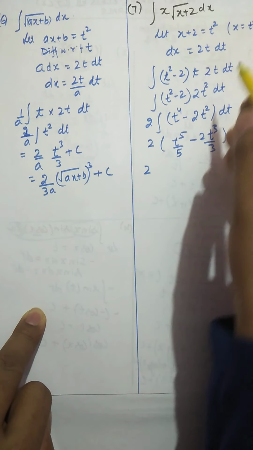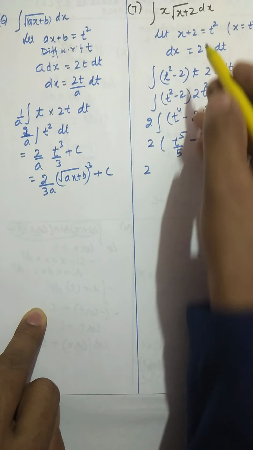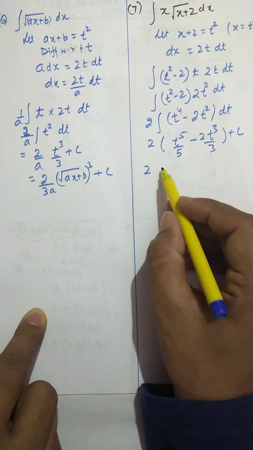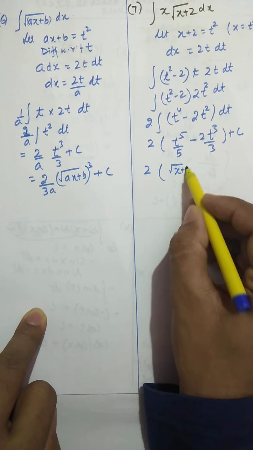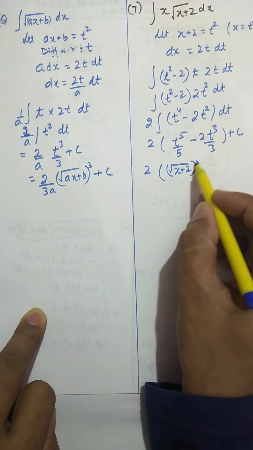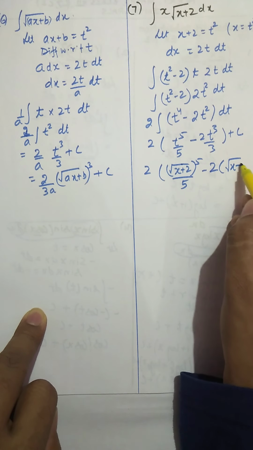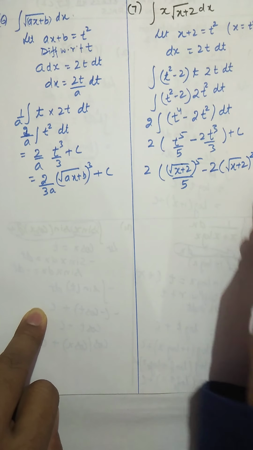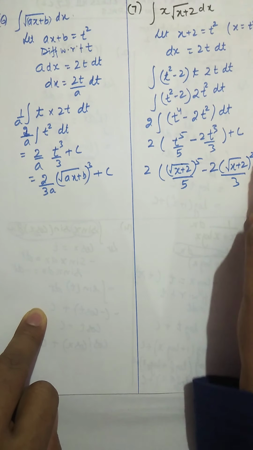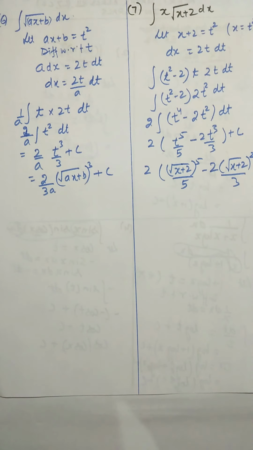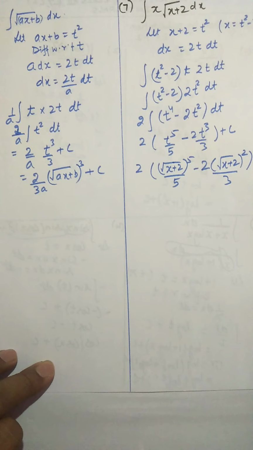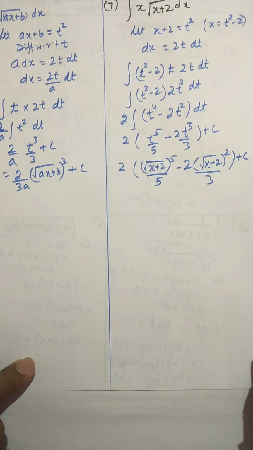So apply again that you assumed t as root x plus 2. So you can write root x plus 2, and this is whole 5 upon 5 minus 2 root x plus 2 whole cube upon 3, and this is plus c. So this you have shown as the complete answer.